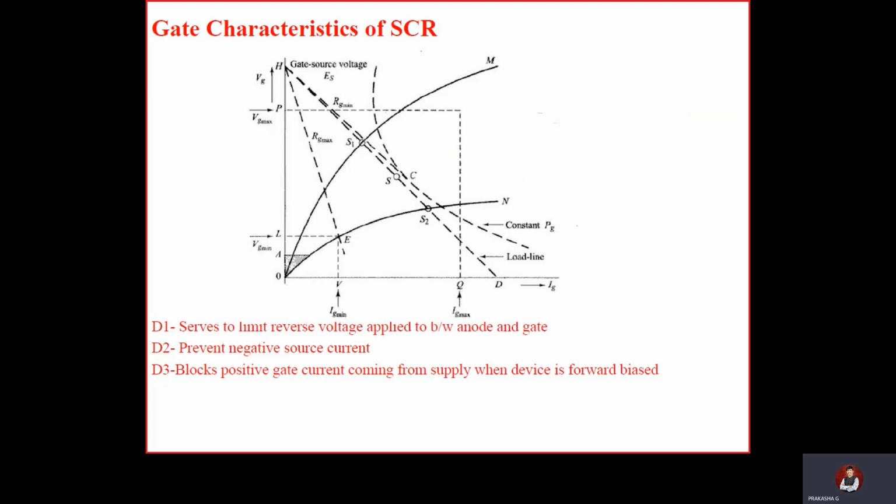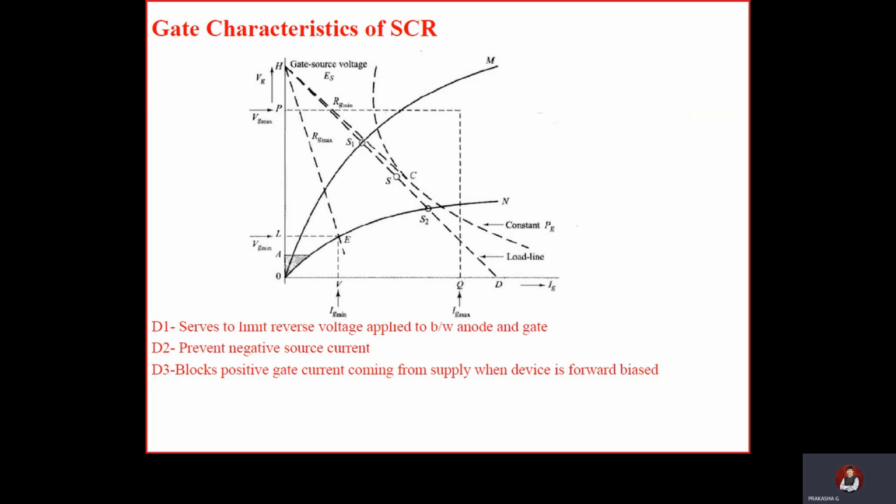As Ig increases, voltage also increases. At some point, the voltage gets saturated. Similarly, for the second point, S2, versus S1, due to Vg maximum, there it goes and finally gets saturated as well.